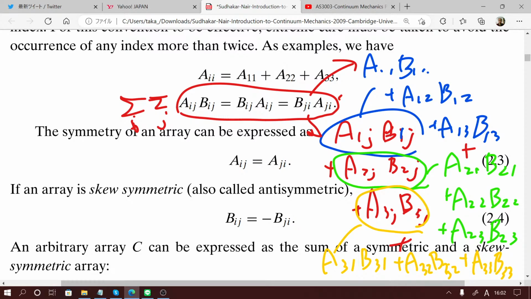The symmetry of an array can be expressed as Aij equal Aji. This is called symmetric. If an array is skew symmetric, also called anti-symmetric, Bij equal minus Bji.